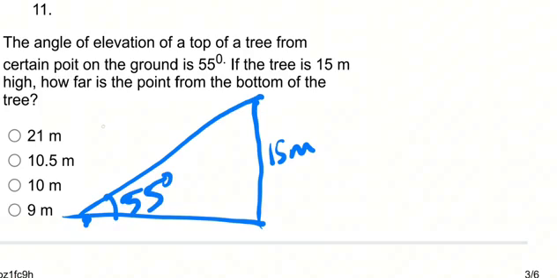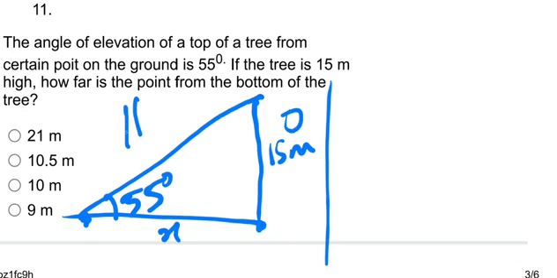The question asks you to find how far the point is from the bottom of the tree. This is the bottom of the tree, and this is the point. So we are looking for this distance. In this case, this is the opposite, this is the hypotenuse, and this is the right angle triangle, and this is the adjacent. In that case, we have opposite over adjacent, so we're using tan.